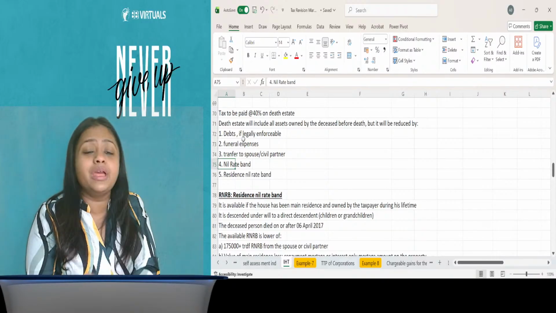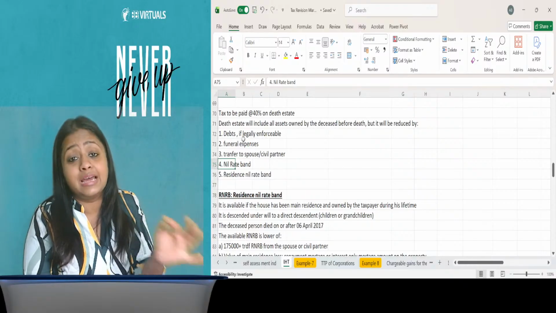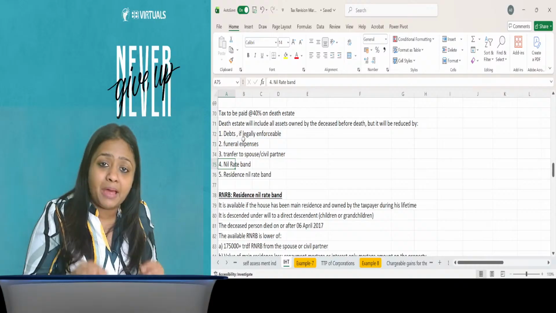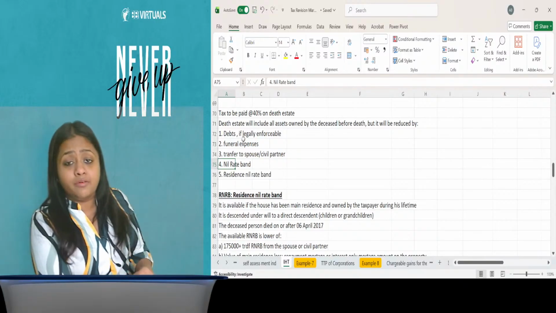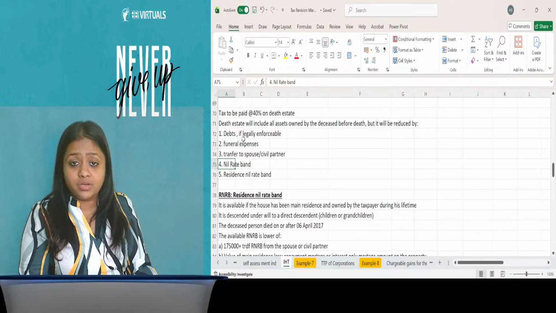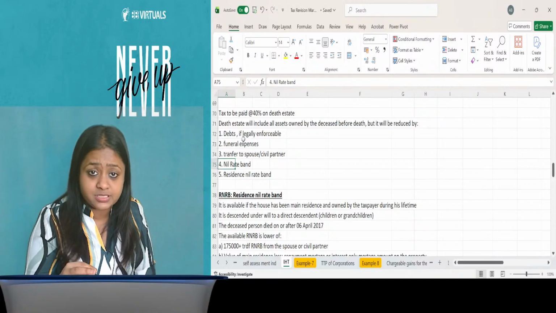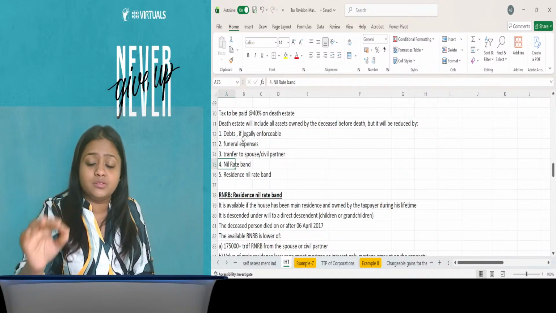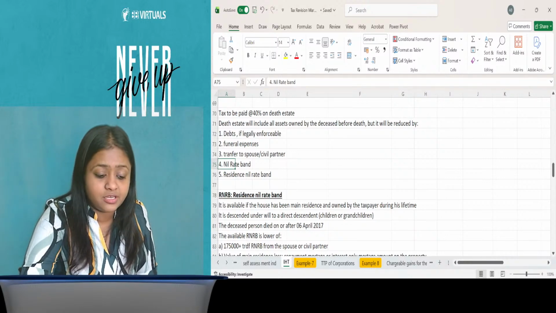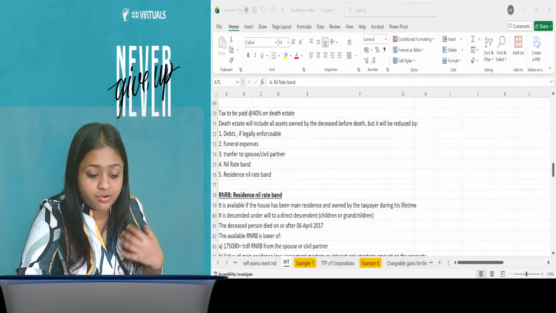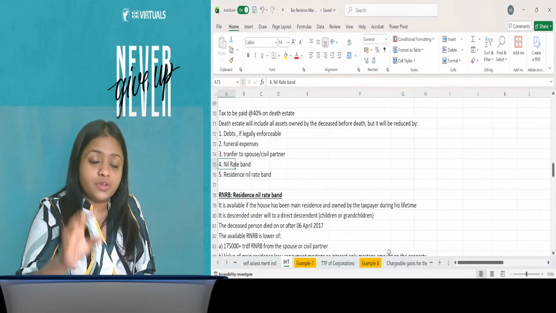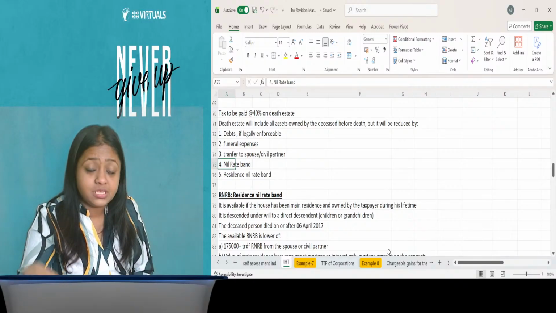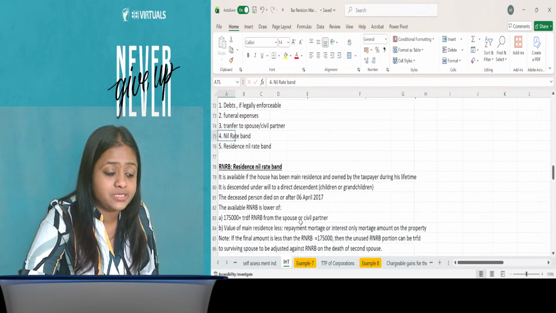Likewise, there is one more NRB here which is known as RNRB, Residence Nil Rate Band. Residence nil rate band is simply a nil rate band available when the donor or the deceased transfers the main residence to the lineal descendants. Descendants means children, grandchildren, and so on. Clear? So if the main residence, which is a part of the estate, is transferred to the lineal descendants, then additional RNRB is available.